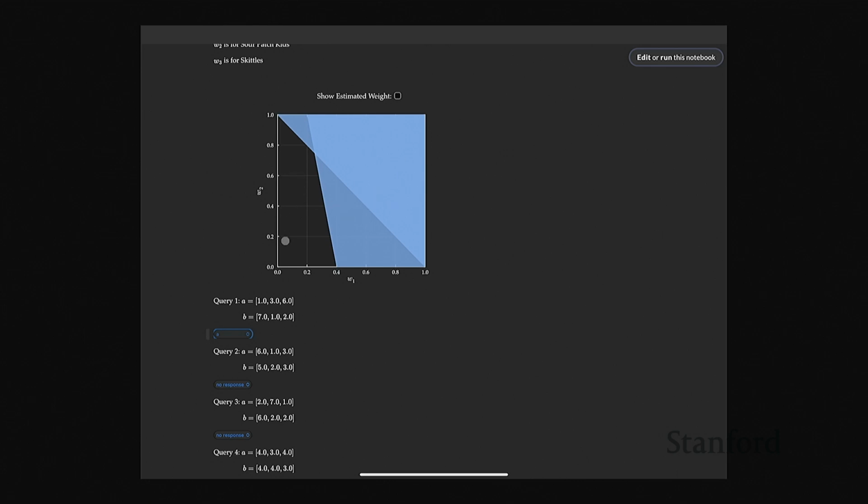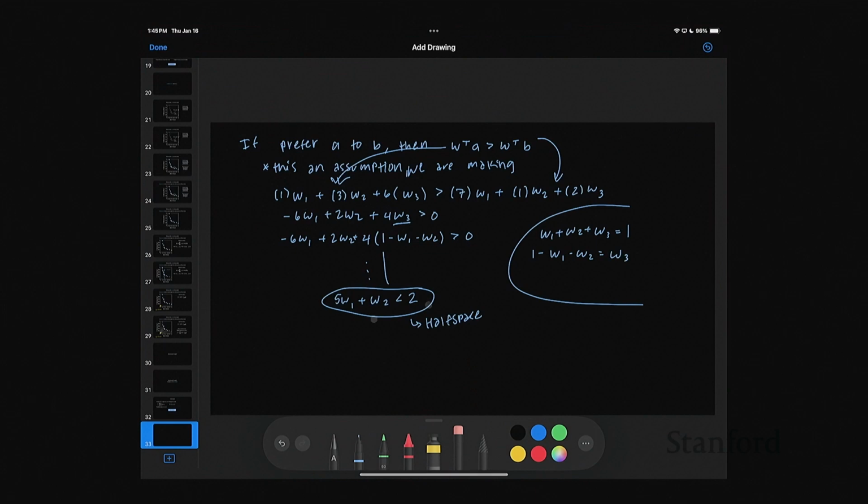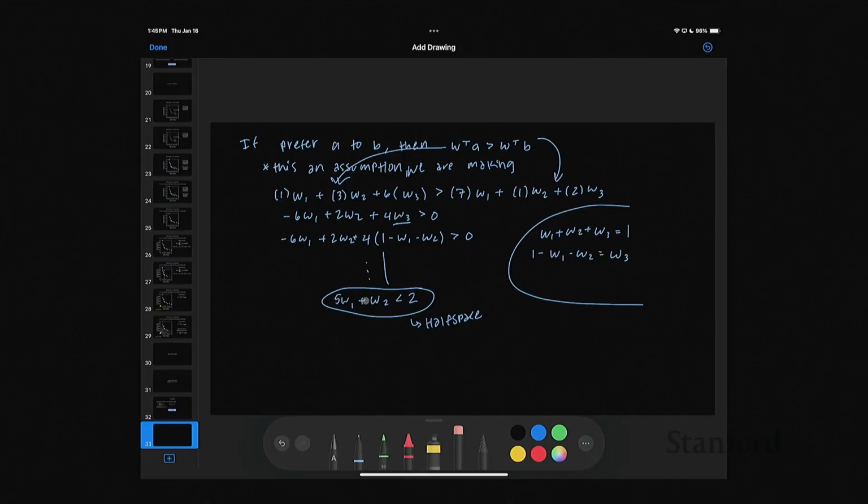Okay, so we've now restricted the space of weights that are possible given his answer to that query. Yeah, question? A half space? Yeah, it's basically something in this form. If you have an inequality like this, it splits the space of possible values in half, where half of them satisfy this inequality and the other half don't.